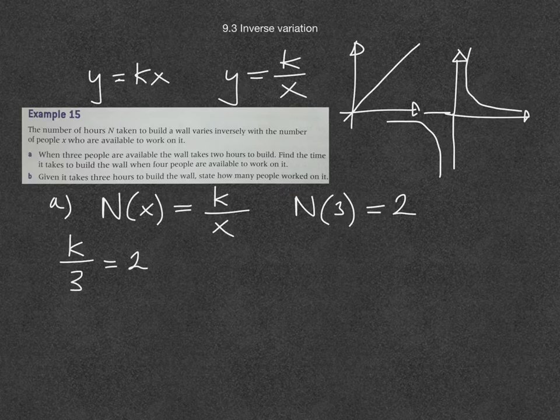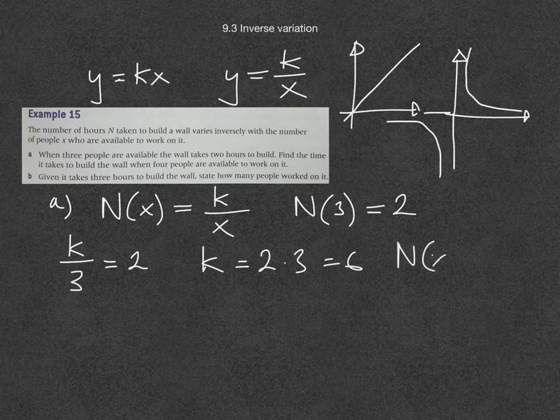Yep. So k is going to be 2 multiplied with 3, which is 6. So our function then is n of x equals k, 6 divided by x.